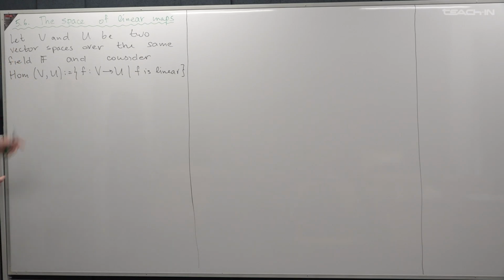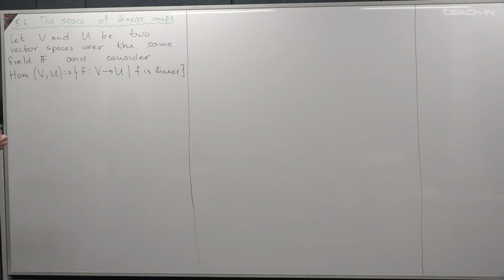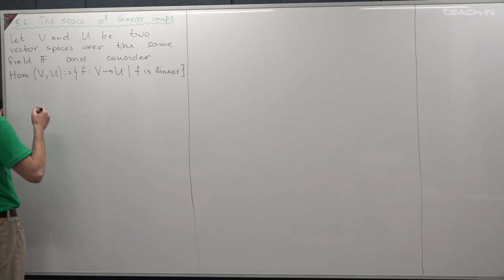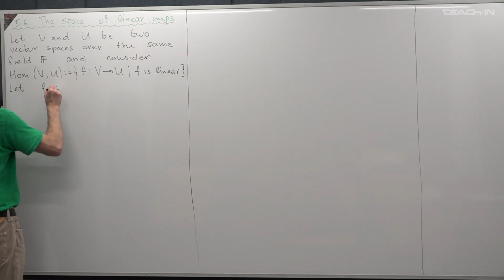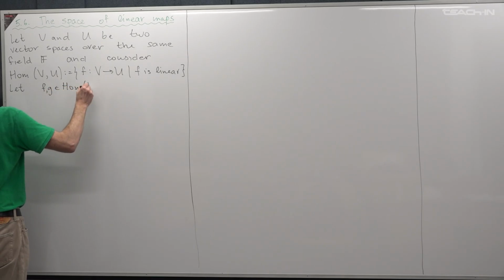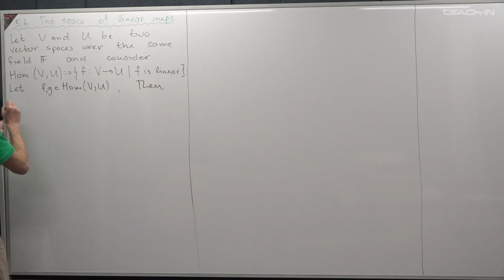Once two linear mappings are given, then we can consider the sum of these two mappings, and we can multiply linear mappings by scalars. So let f and g be two elements of this set. Then, by the definition, f plus g is also an element of this set.